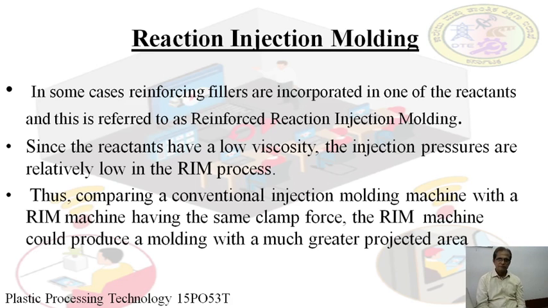Since the reactants have low viscosity, the injection pressures are relatively low in the reaction injection molding process. Thus, comparing a conventional injection molding machine with a reaction injection molding machine having the same clamp force, the RIM machine could produce a molding with a much greater projected area.